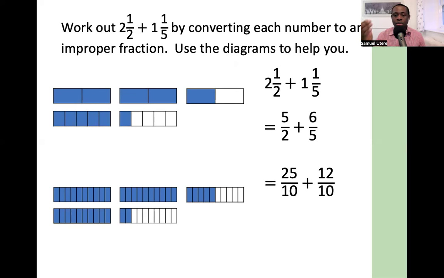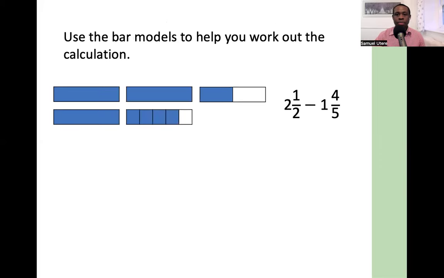So in this case, we'll have 25/10 add 12/10. That will give us 37/10, and when converted into a mixed number, that is 3 whole 7/10. I will show this method again in the next half of the lesson.